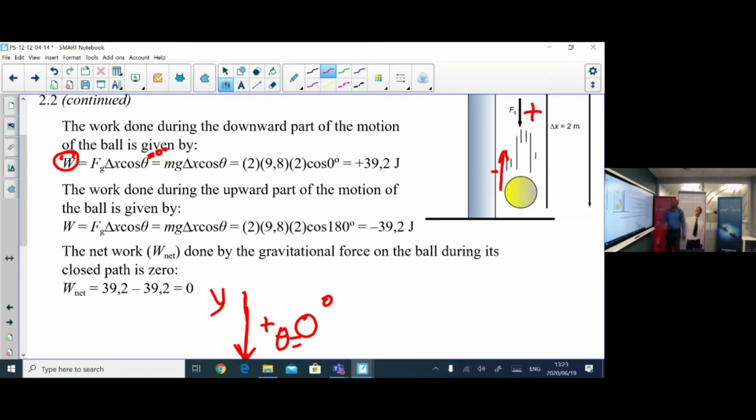This is your work, and we know that work is equal to the product of the force and the distance covered.